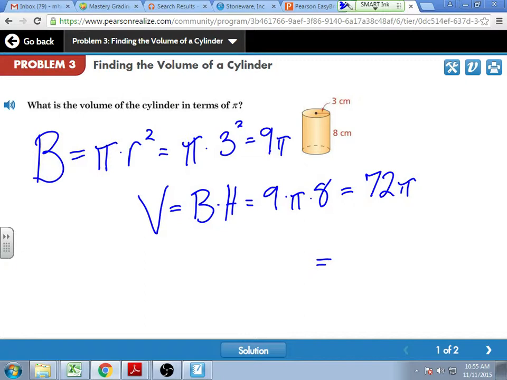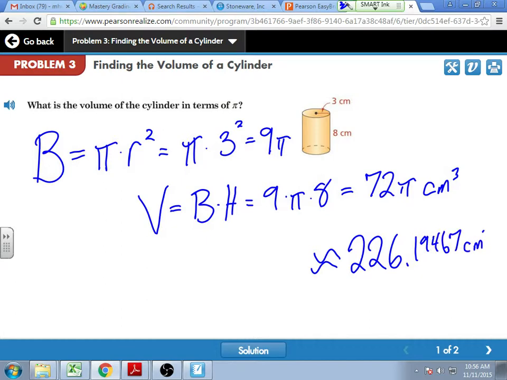72 times pi. In terms of pi, we can leave it there. I hate when it does that because it feels so wrong saying pi. So the reason we leave things in terms of pi is that when I get my answer not in terms of pi, it is approximate. Even if I write the decimals, there are still more decimals after that because pi goes on forever.